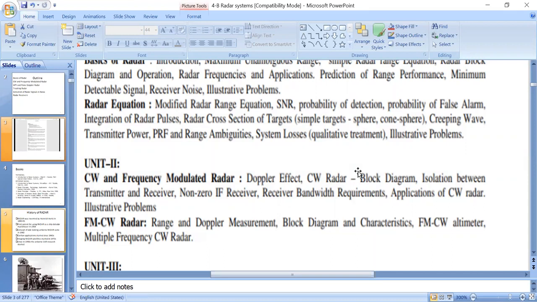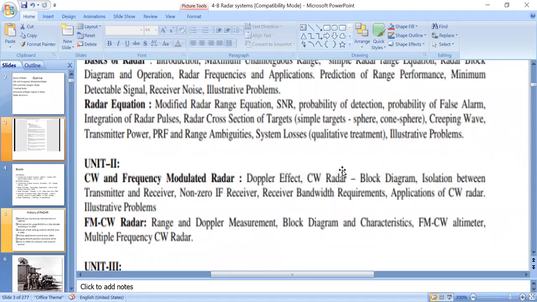So in order to calculate range, we go to the concept called FMCW radar, frequency modulated continuous wave radar, the second type of continuous wave radar. Continuous wave radar has two types: the first is continuous wave unmodulated radar, also called continuous wave Doppler radar, and the other is frequency modulated continuous wave radar.